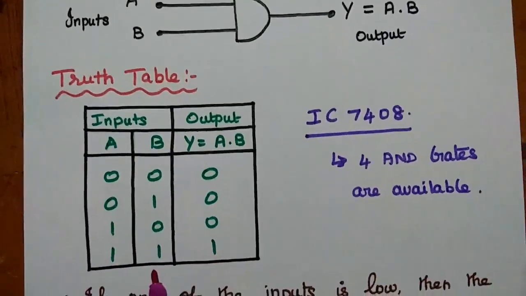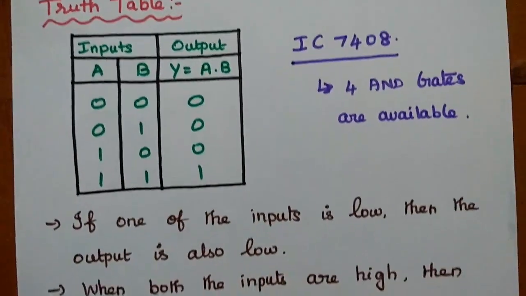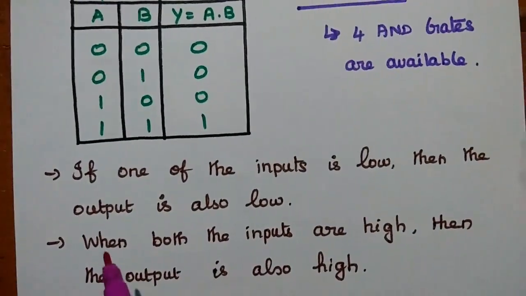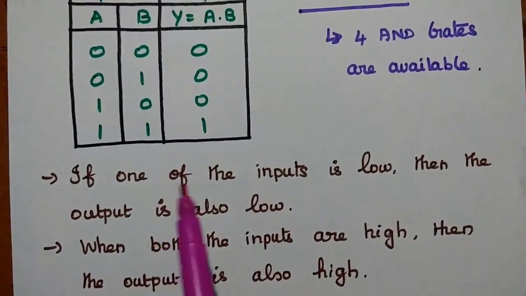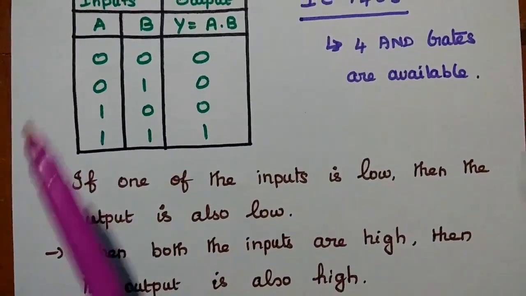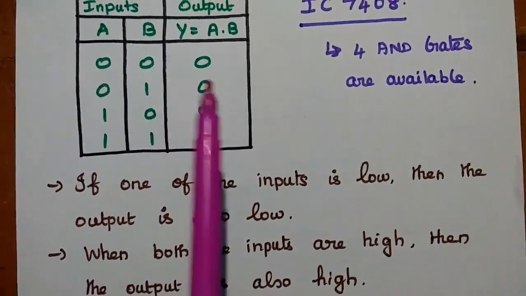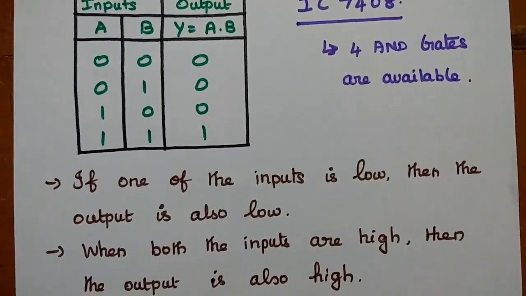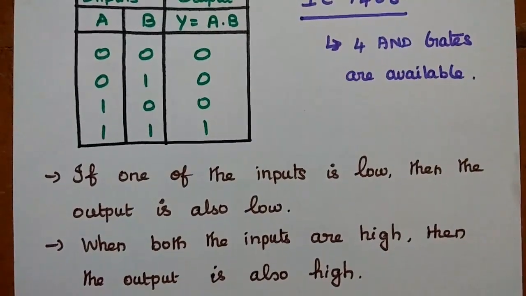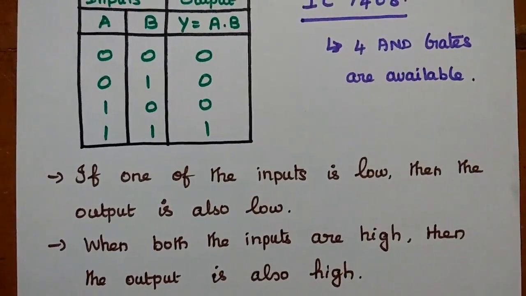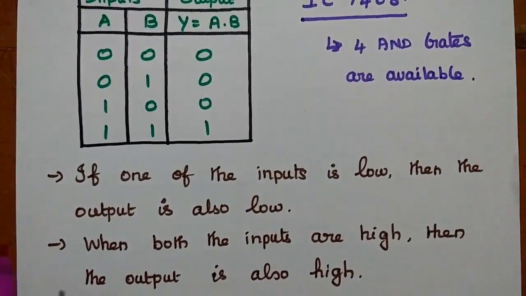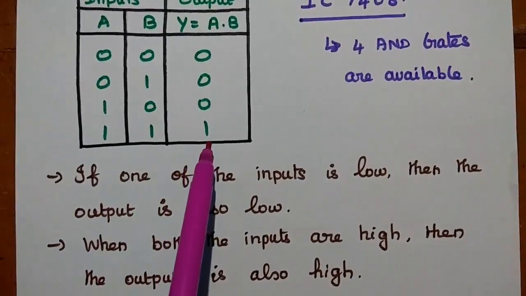From this truth table, we can simply explain the operation like this. If one of the inputs is low, then the output is also low. When both the inputs are high, then only we can get high as the output.